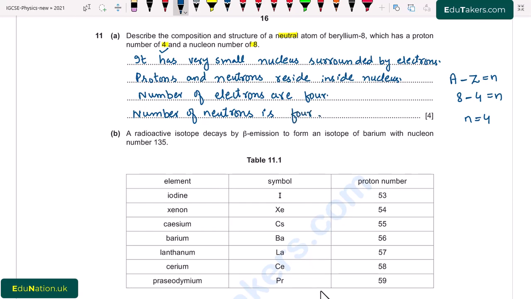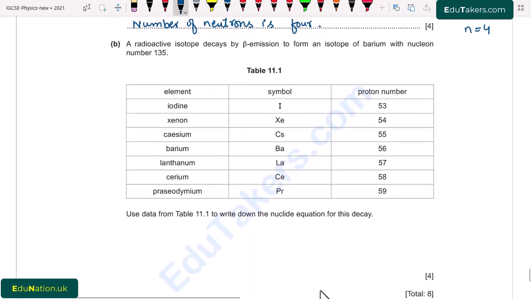Part B. A radioactive isotope decays by beta emission to form an isotope of barium with nucleon number 135. There is a table 11.1. Use data from table 11.1 to write down the nuclide equation for this decay.